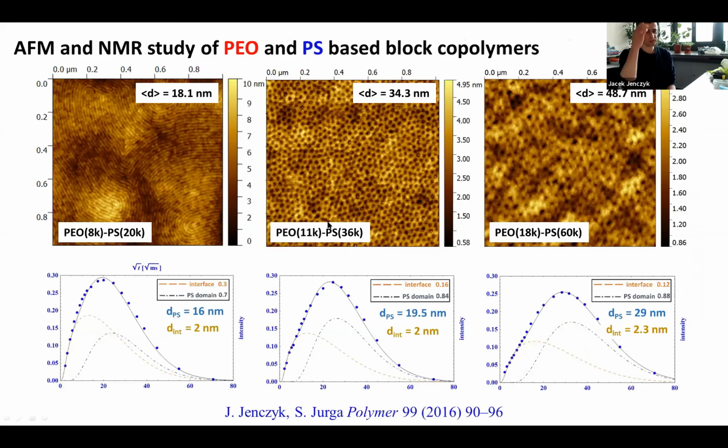We have exactly the same analysis done for a different kind of polymers, polystyrene polyethylene oxide, and we can see that you can nicely correlate microscopic data with the data provided by NMR spin diffusion. Still, we have to keep in mind that NMR spin diffusion gives us extra information about this interfacial region, which is, for example, for this polymer around 2 nanometers.